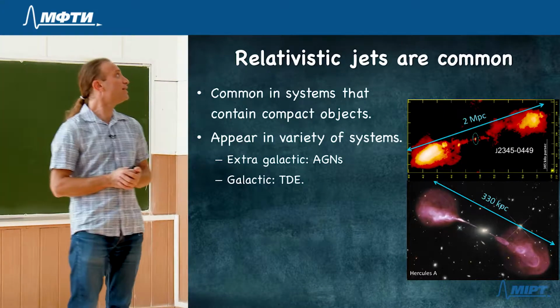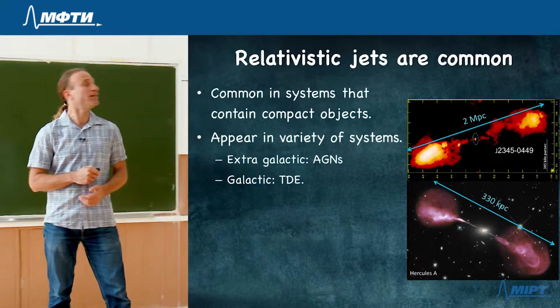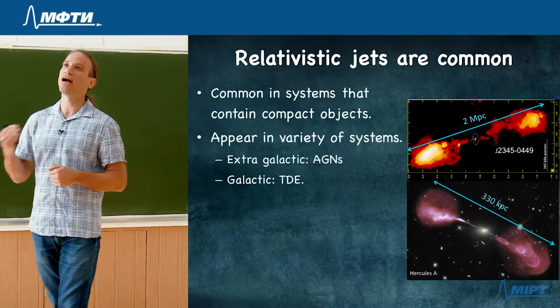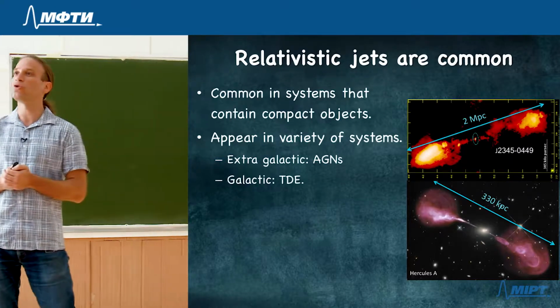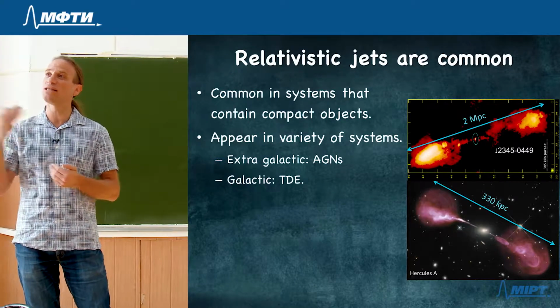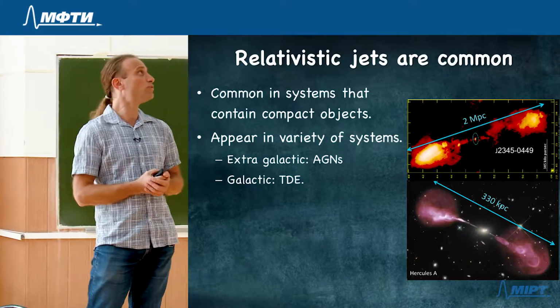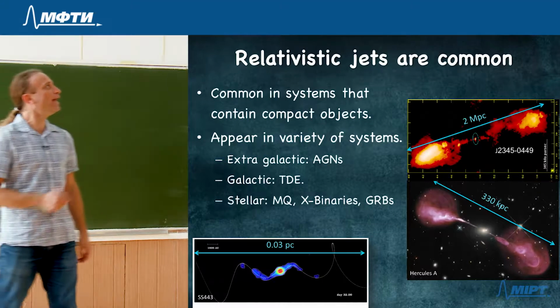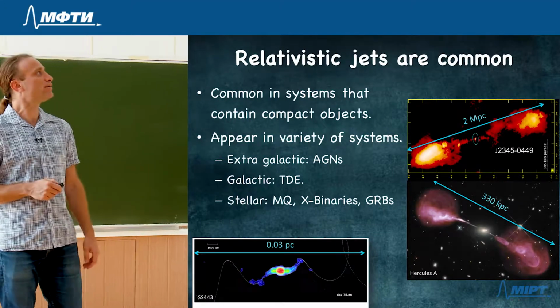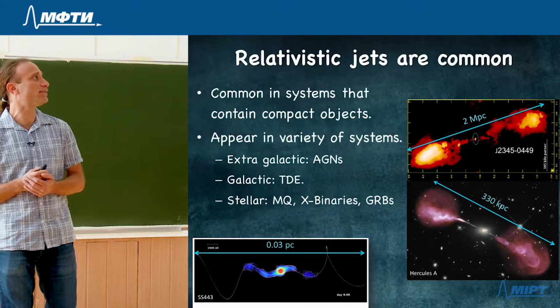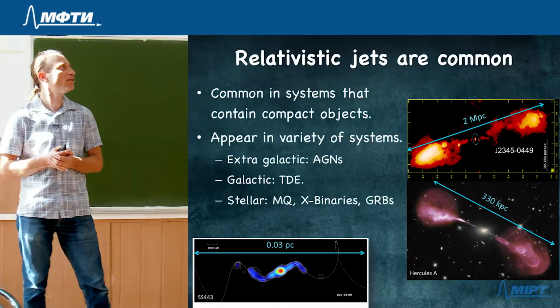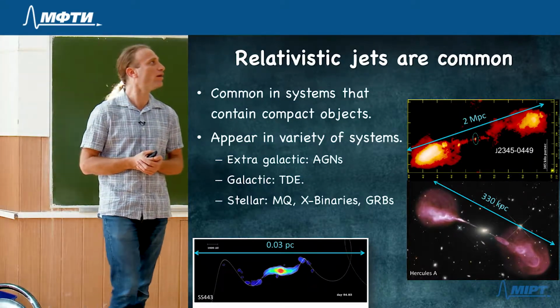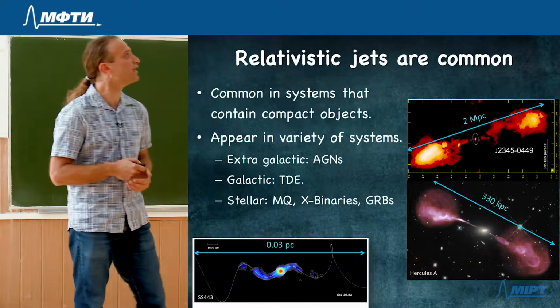We know jets in TDEs, tidal disruption events, when a star comes very close to a black hole in the center of a galaxy and gets disrupted, and as it gets disrupted, jets are launched. So these are galactic jets. There are also jets on scales of stellar size, or actually solar system size.